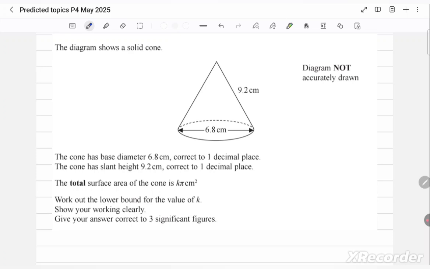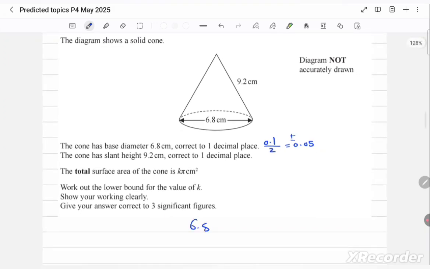Usually when it's corrected to 1 decimal place, like 0.1, you divide by 2, so it will be 0.05. You have to add 0.05 and subtract 0.05. So 6.8 will be 6.85 and 6.75.